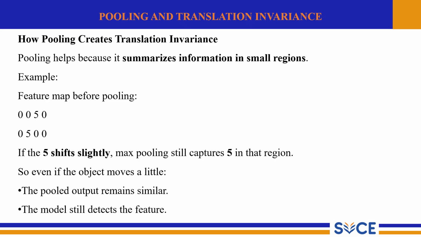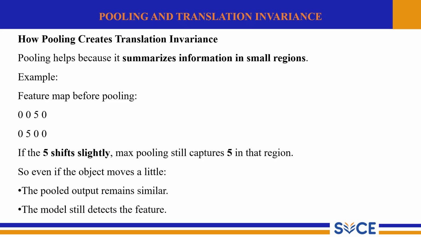Consider a feature map like this: 0 0 5 0 0 5 0 0. The value 5 represents an important feature that has been detected by the convolution layer. Now imagine that the object in the image moves slightly. Because of this small movement, the position of the value 5 in the feature map may also shift a little.